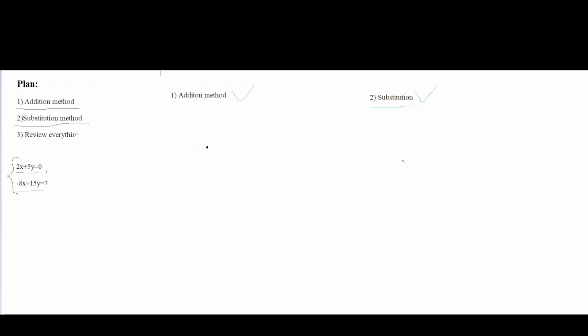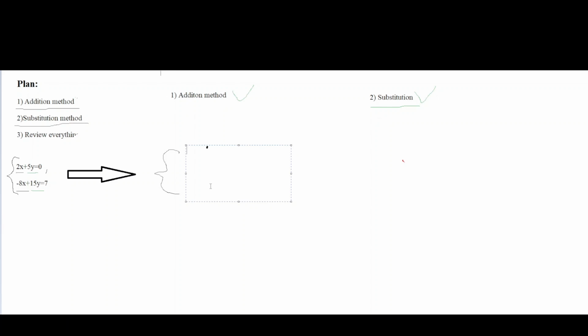Basically, in our substitution method, we free our x.